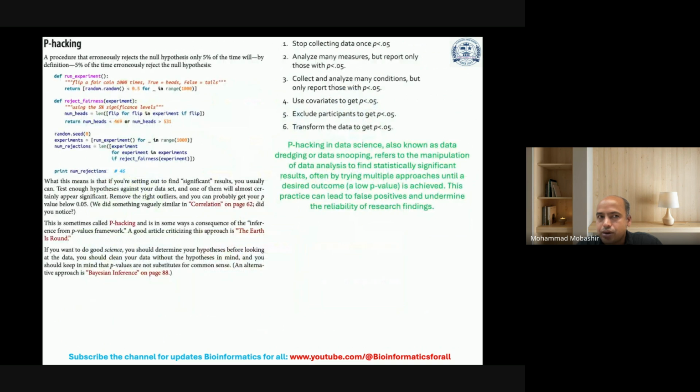and central limit theorem. Then comes p hacking. The term p hacking is for probability hacking.